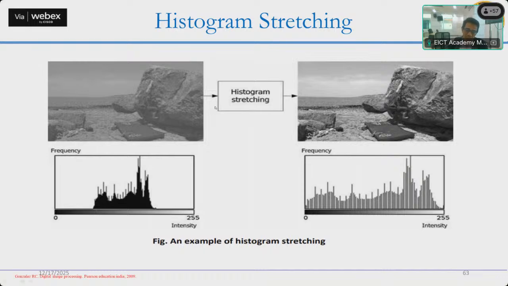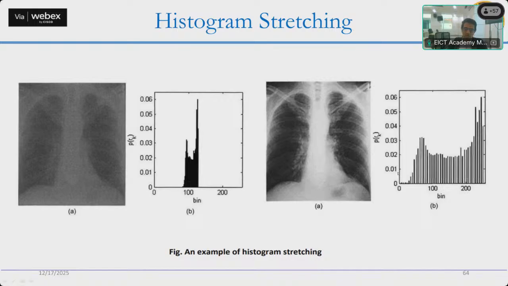That's why we very quickly do the histogram stretching. So that's why the histogram is stretched here. Not only histogram stretching, for example, today it is a time of distant health centers.